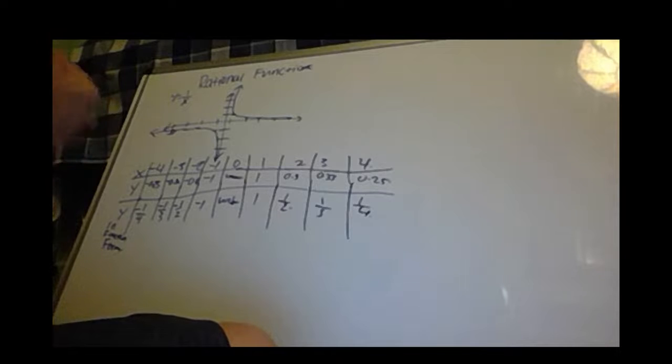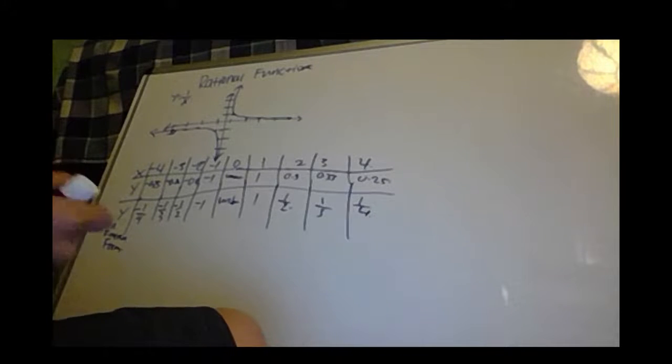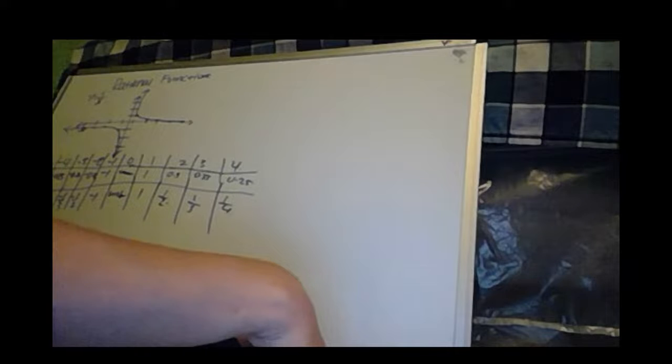Now, I'm going to get a different color, and I'm going to do negative 1 over x, okay? Let me go ahead and move the board. We don't have to do an XY table, but I'm going to have to erase this one, so let me first do the XY table.